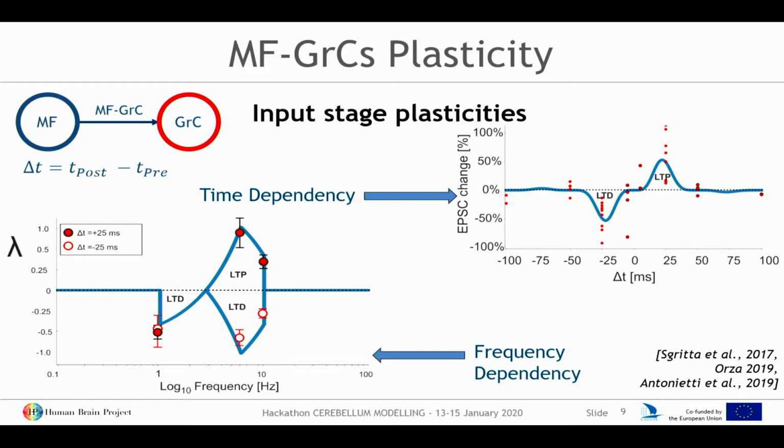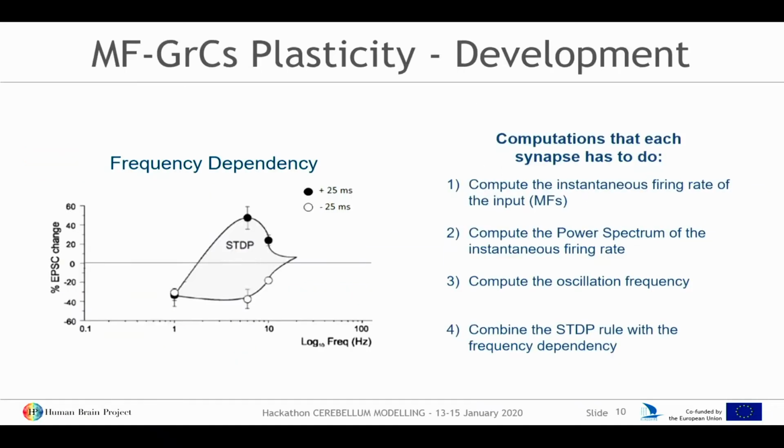Then the time dependency is, let's say, easy to implement. It's a standard STDP, but then we need to take into account also the frequency dependency. And for the frequency dependency, let's say the synapse has to do an additional work. So it has to compute the oscillation frequency of the input.